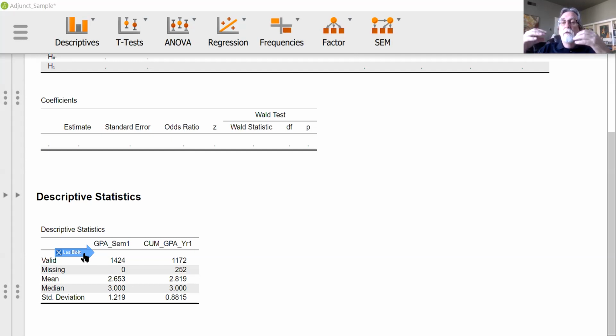Obviously the 5 is absurd because GPA only goes to 4, but it tells you that this distribution is pretty well spread out, and the middle 95% would be represented by 2 standard deviations below the mean up to 2 standard deviations above the mean. In the social sciences, sometimes that's referred to as the rule of 2s, but that's the way you would establish the middle 95%.